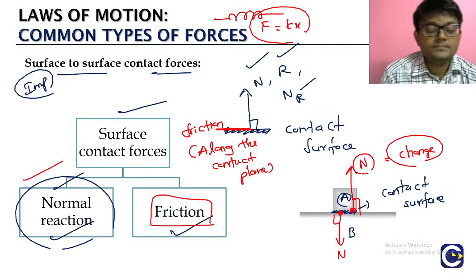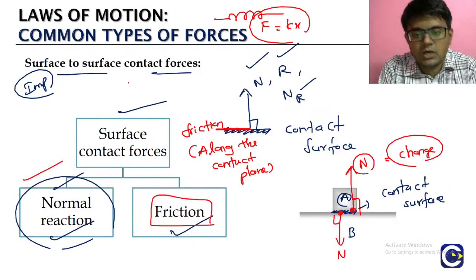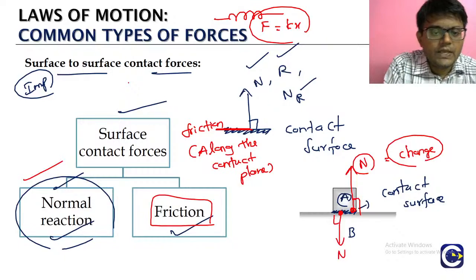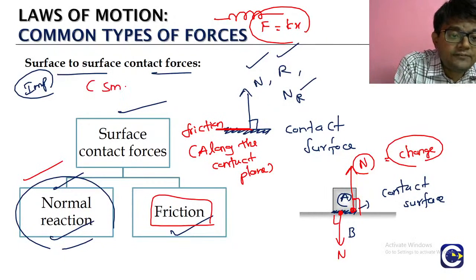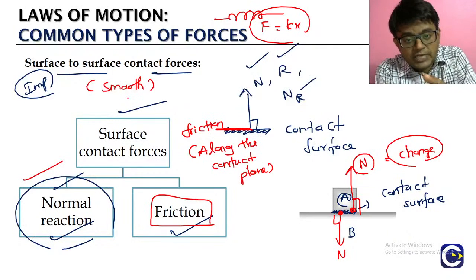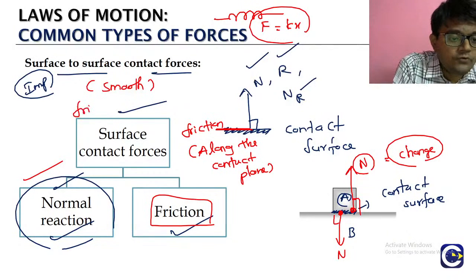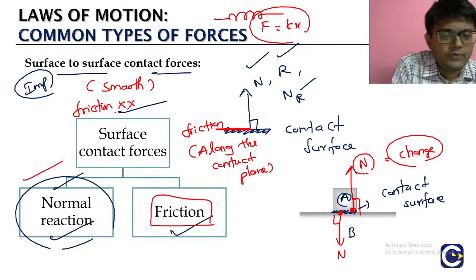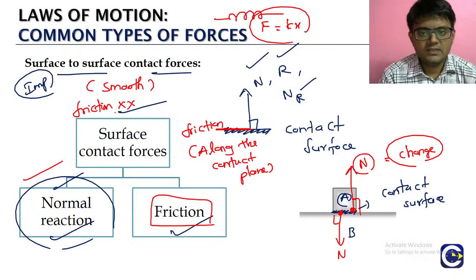But the initial problems we'll solve in Newton's laws, we will consider that the surfaces are actually smooth. When the surfaces are smooth, there will be no friction. This is the ideal case. It is not possible to have a really perfectly smooth surface.